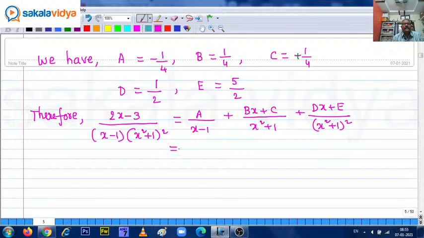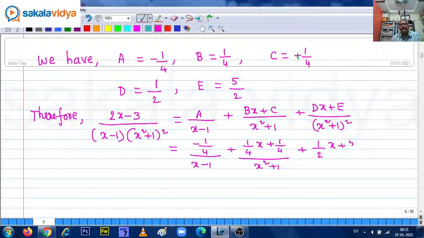So let us substitute. Minus 1 by 4 upon x minus 1, B is 1 by 4, 1 by 4 times x plus 1 by 4 upon x square plus 1, D is 1 by 2, x plus E is 5 by 2, upon x square plus 1 whole square.